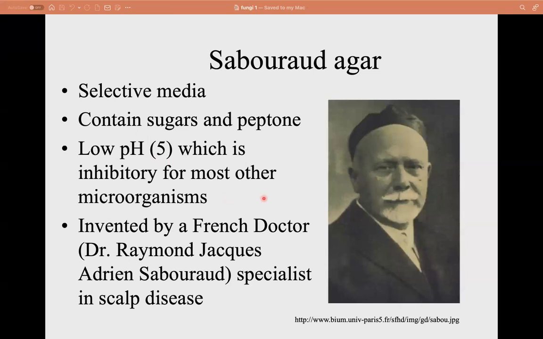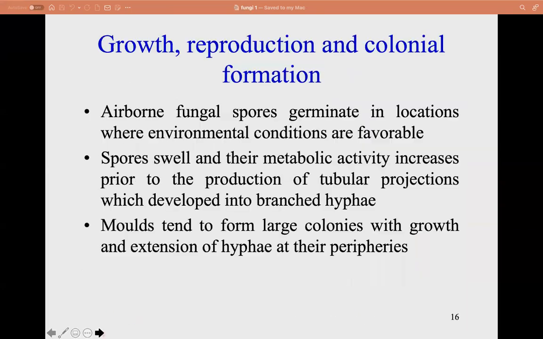It was named after Dr. Sabouraud, the most commonly used culture media for cultivating fungi, the Sabouraud dextrose agar.